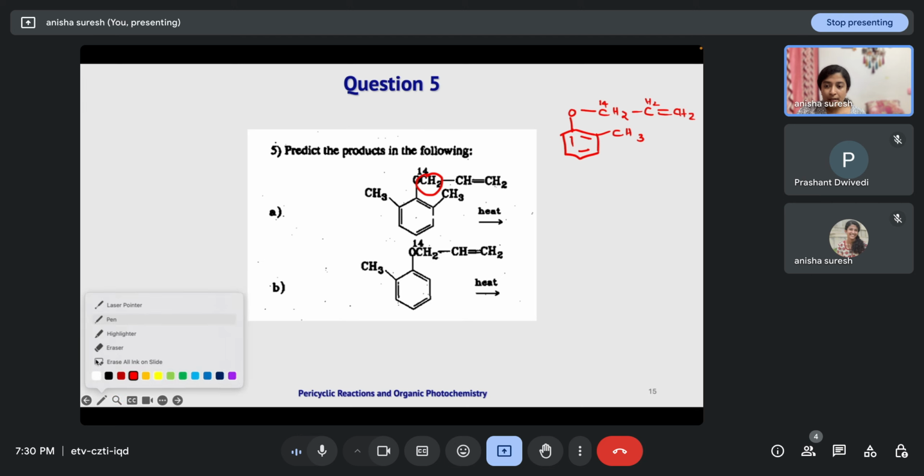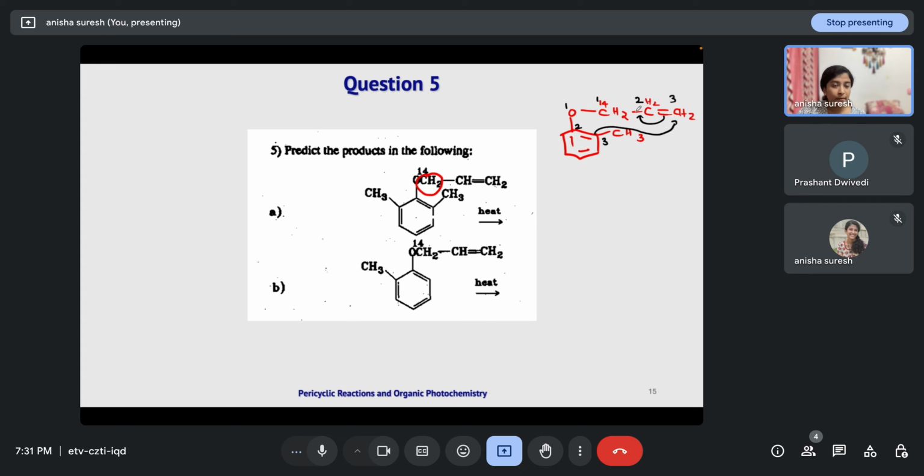If we are numbering, the numbering will be in this fashion: 3, 2, 1, 1, 2, 3. So the reaction will be taking place in this manner. First the intermediate will be like this. Carbonyl will be there, and here CH3 is there, and then this CH2 will be coming here.